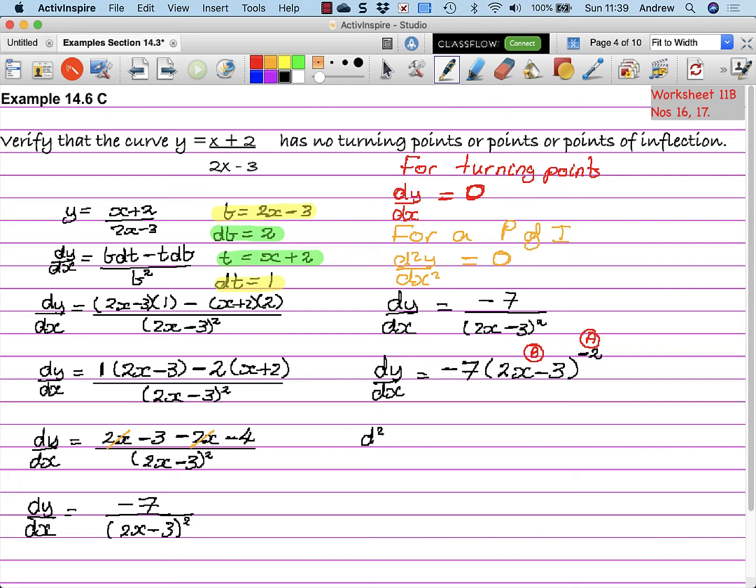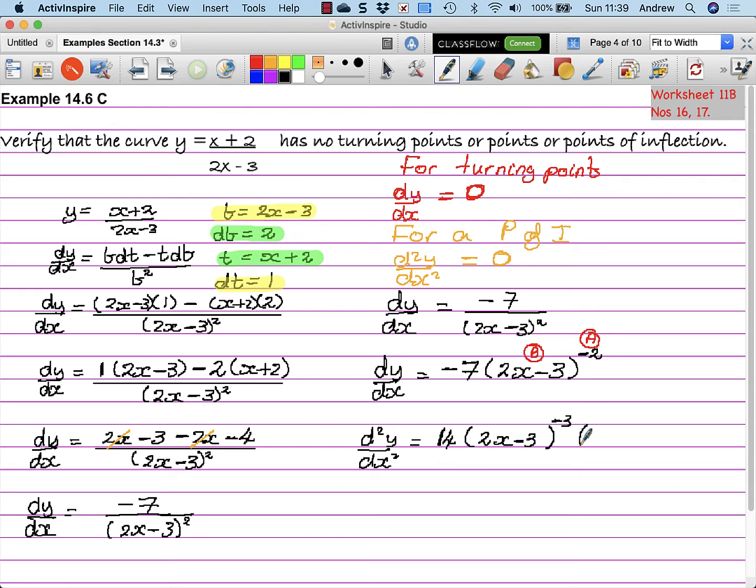So we've got d2y by dx squared is, well, focusing on the first part, which is multiply by the power. When we multiply by minus 2 on minus 7 it becomes a plus 14. Nothing else changes. We multiply by the power and then we put the power down 1, and don't forget, nothing else changes.